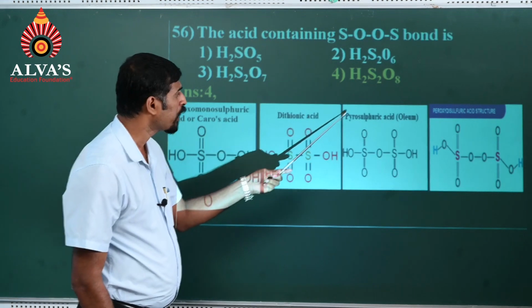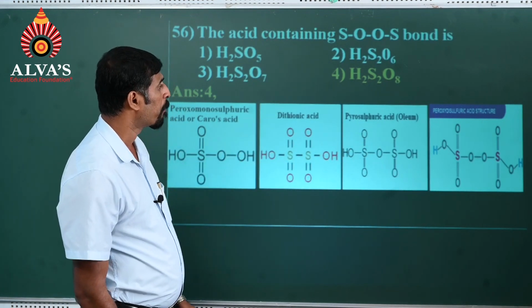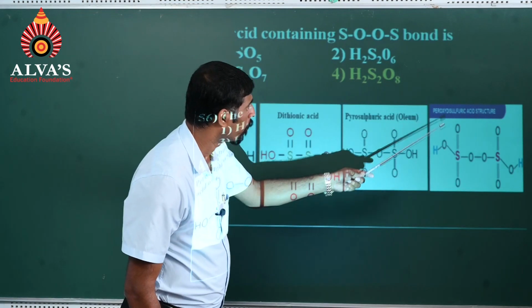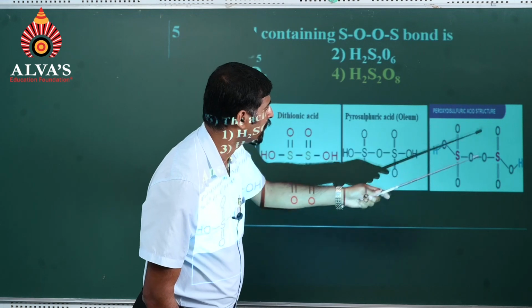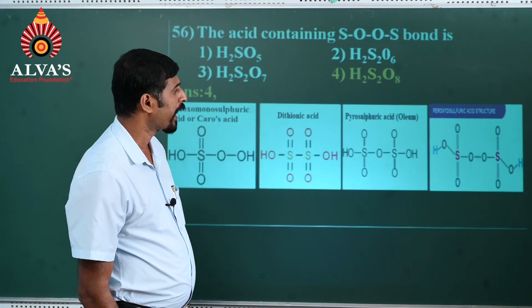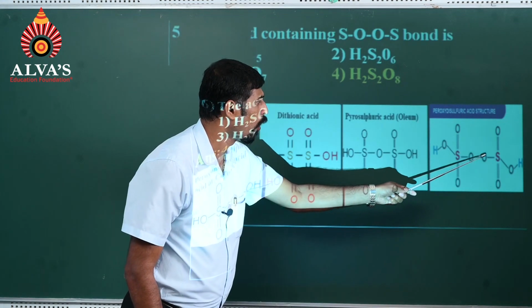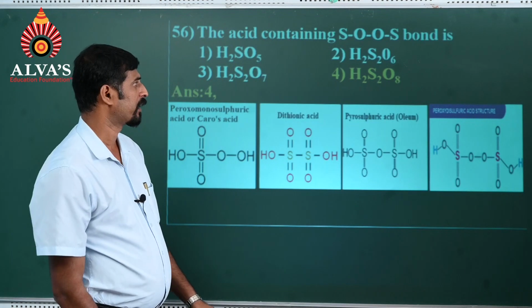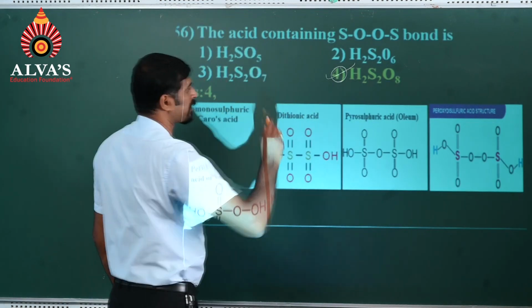In the case of pyrosulfuric acid, S-O-S linkage is present. But in the case of peroxodisulfuric acid, that is called Marshall's acid, S-O-O-S linkage is present. Therefore, option 4 is the right answer.